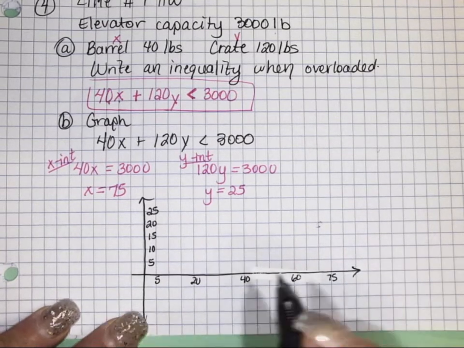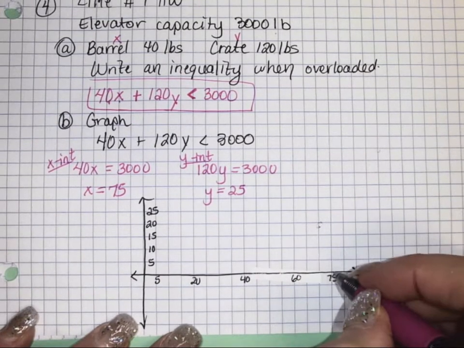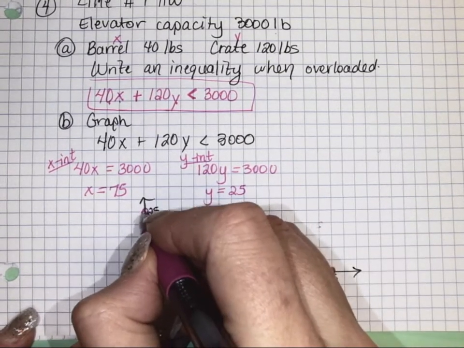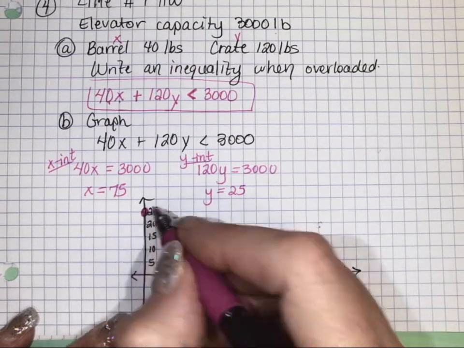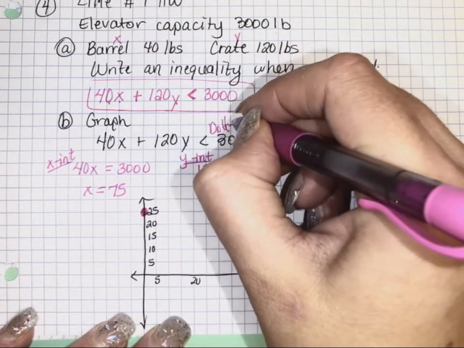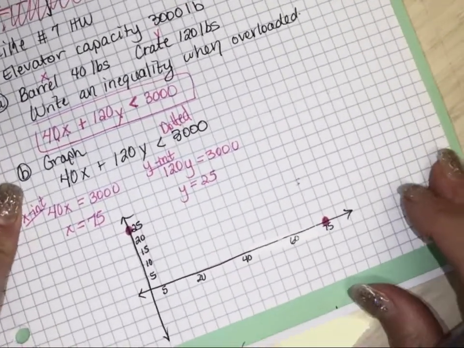Okay, 75 would be there. Let's go ahead and plot our x-intercept of 75. Plot our y-intercept of 25. And then go back. You have to determine this would actually be a dotted line. And so we draw a dotted line between them.